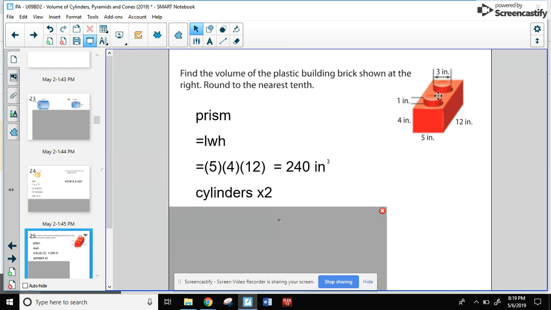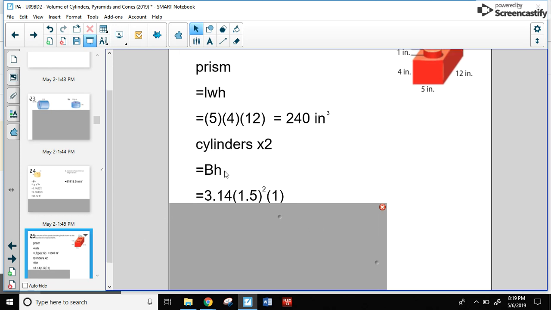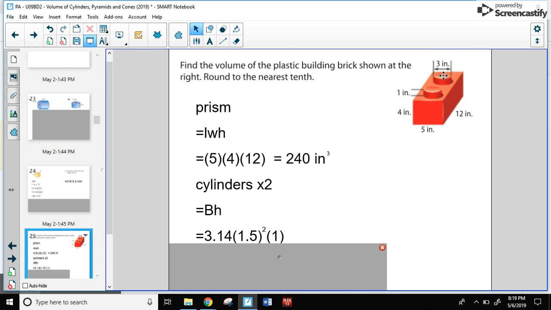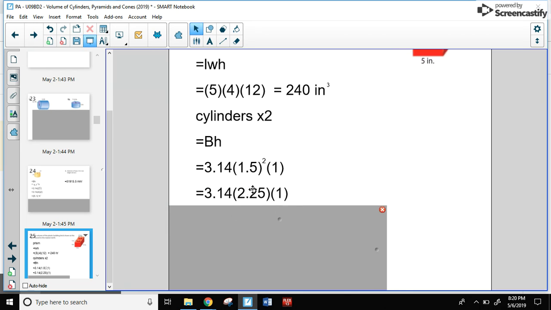Next, I've got two little cylinders up there. Okay, so again, I'm going to do base times height. 3.14 times 1.5 squared, because my diameter is 3 inches, so my radius is 1.5. Sorry, I think I said cubed earlier. 1.5 squared times 1, which is my height. Then 1.5 squared is 2.25.